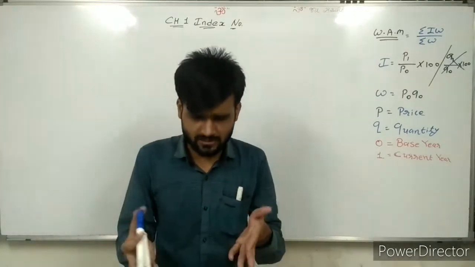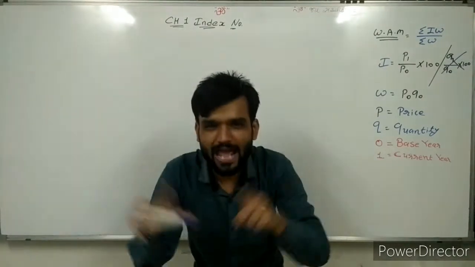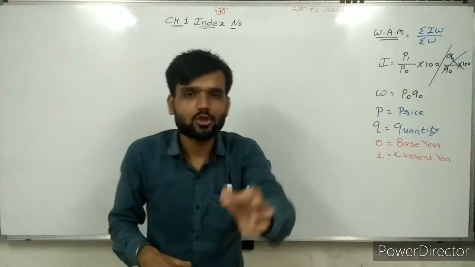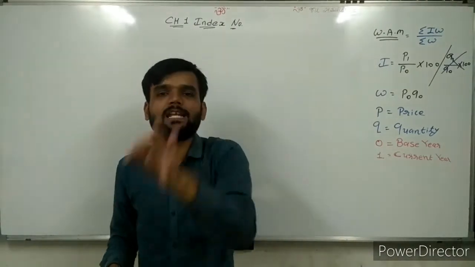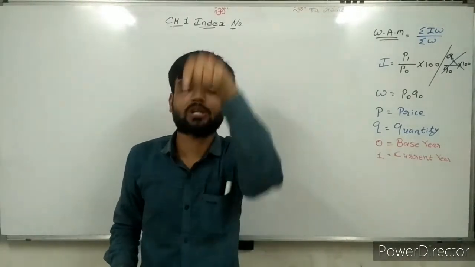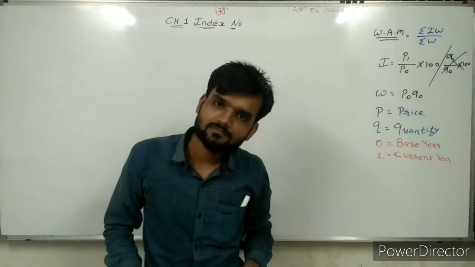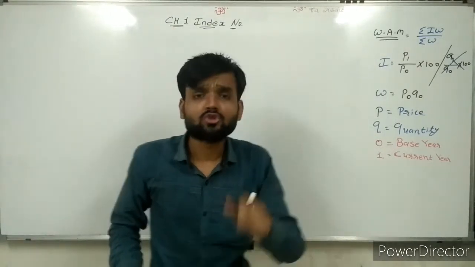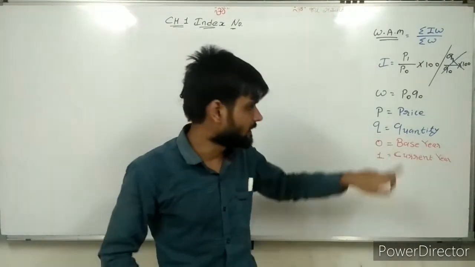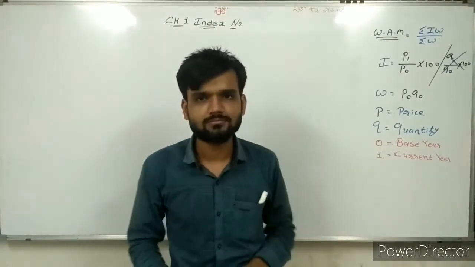Now present means, sir, 2020? No. In your example, suppose 2010 and 2011 are given. So 2011 information is current, 2010 information is past. Simple. So for 2011 we have to write 1. For 2010 we have to write 0.